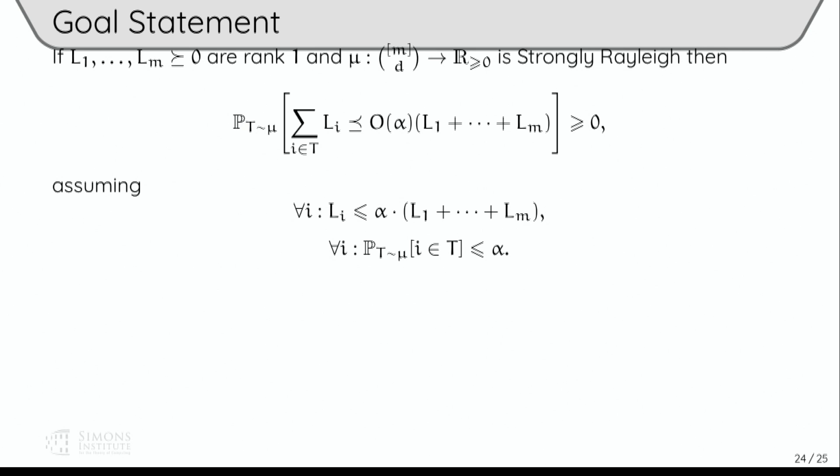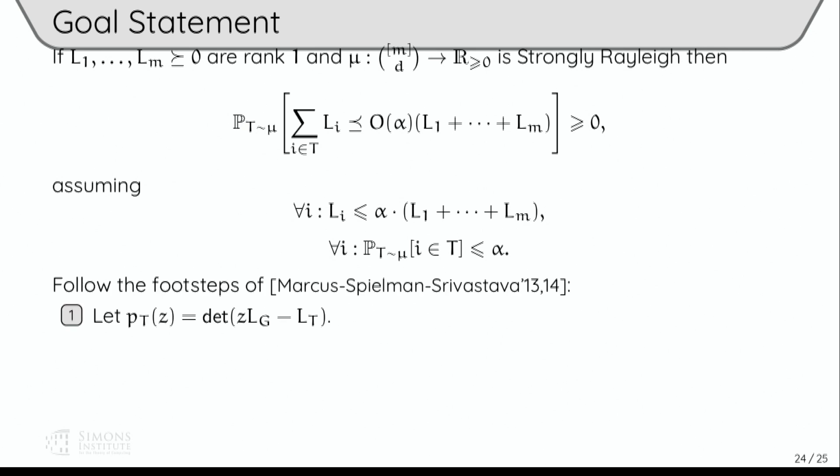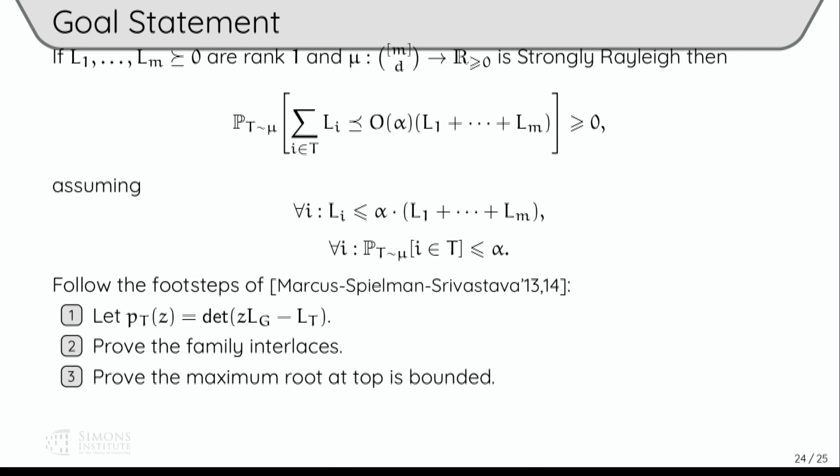Okay. So the method of proving such statements is pretty much the same as what you would do with the original interlacing families proofs. So let me give you an overview of this.